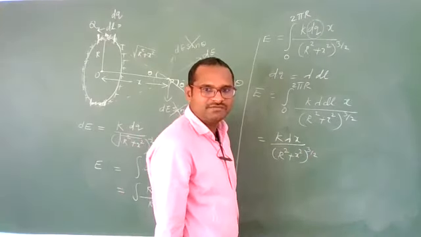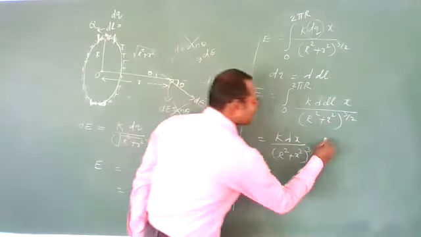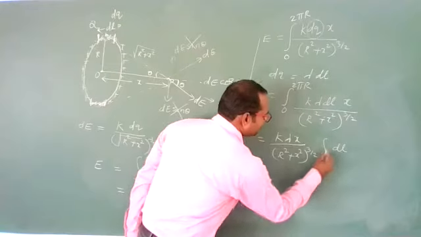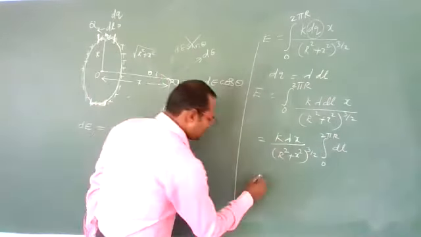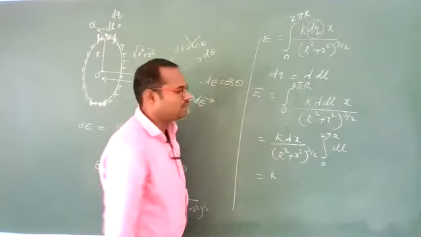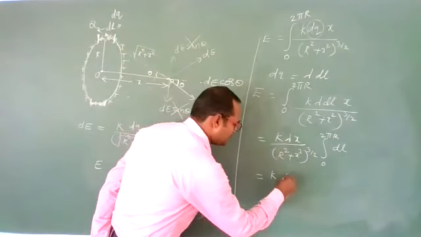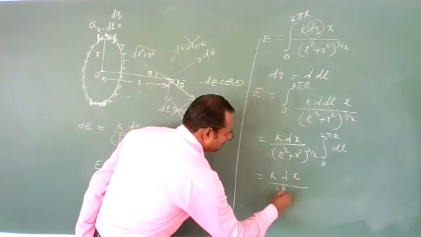Now what is variable? dl. Total length is the variable. So the integration of dl is variable from 0 to 2 pi r. So you will get k lambda into x divided by r square plus x.